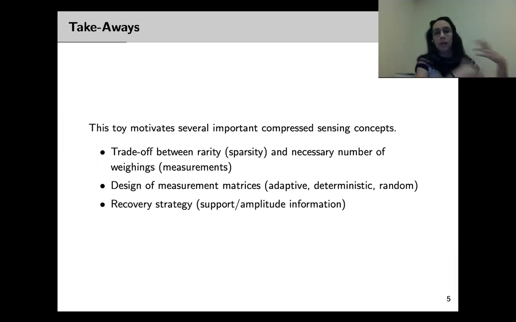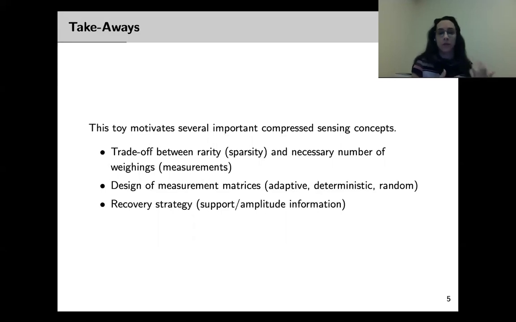That is, you're going to apply these measurements no matter what, and you're going to do your signal recovery from there. And then also you can just take random measurements, right? That turns out to be extremely effective in situations where you have sparsity or rarity in the information that you're trying to measure and recover.